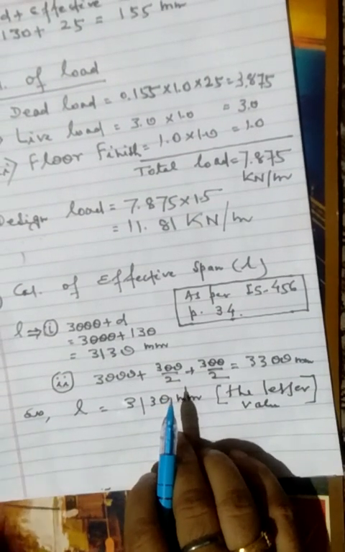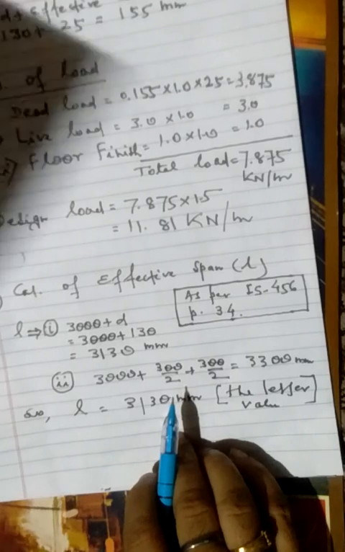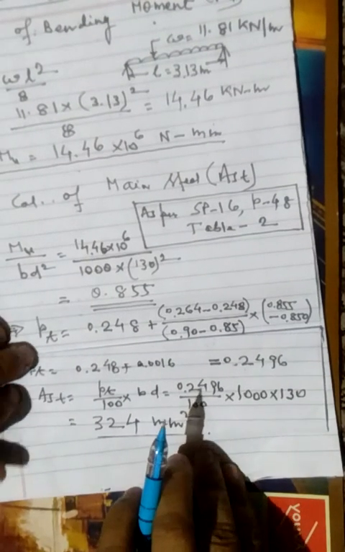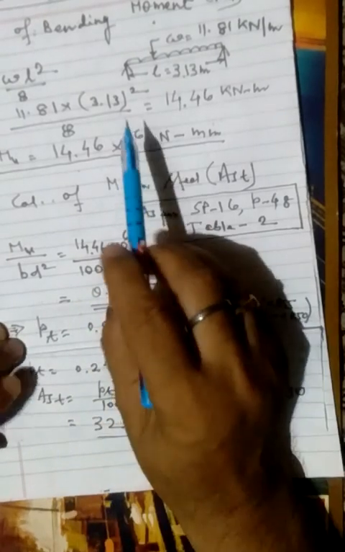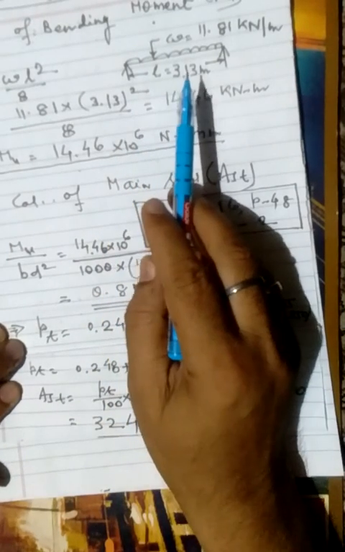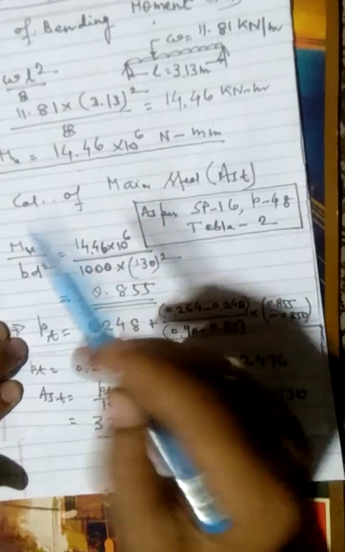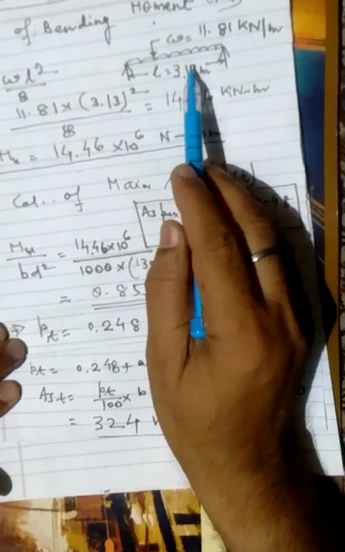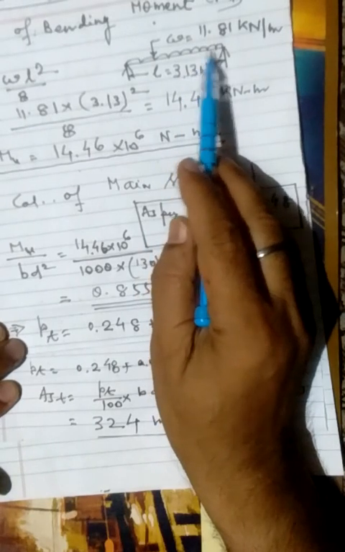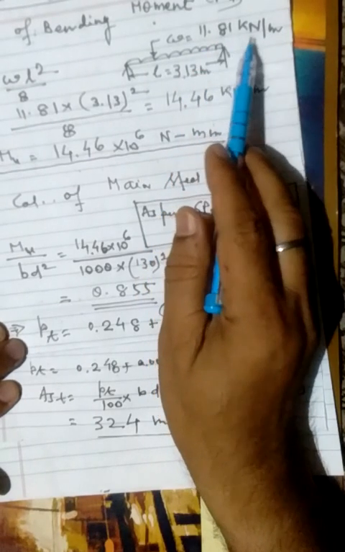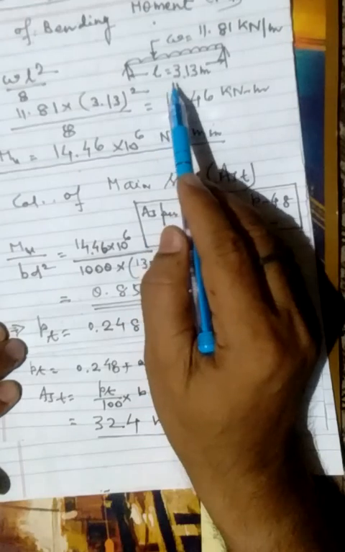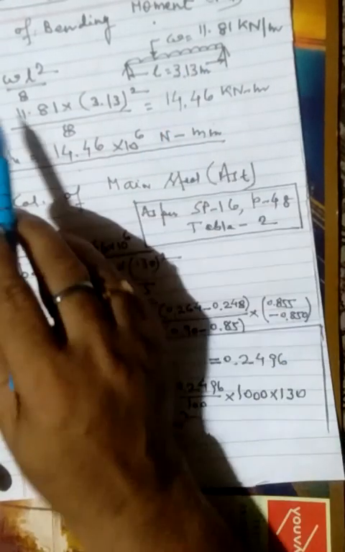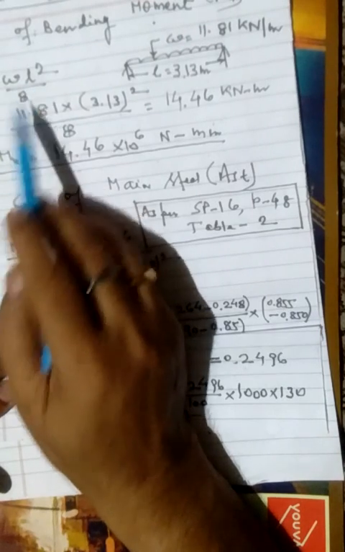Now the next step of this slab design is to calculate the bending moment. Now to calculate the bending moment, we have to correlate this one-way slab to a simply supported beam, and a beam loaded with a UDL, that is 11.89 kilonewton per meter for a span of 3.13 meter gives a maximum bending moment at mid span equal to Mu = WL square by 8.